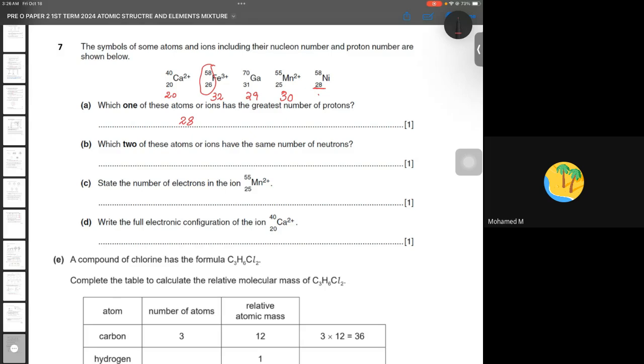Okay, this is 30. So this and this have the same number of neutrons.